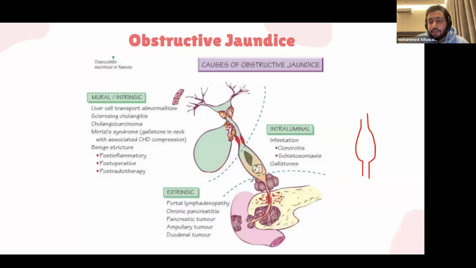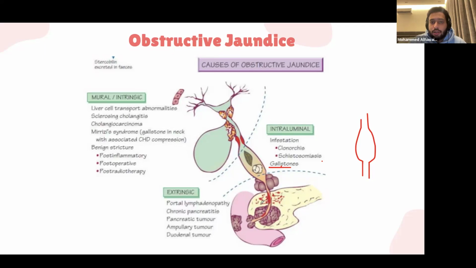Now, extrinsic is something from outside. Now, this stone can go all the way to the ampulla and obstruct there. Pancreatic head tumor, which is the most common site for pancreatic tumors, can obstruct the ampulla, so you have obstructive jaundice. Good.